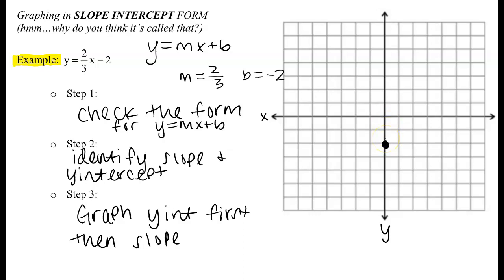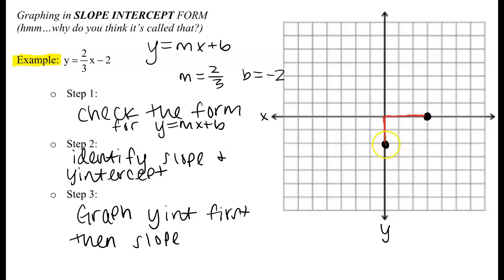Got it. Now, as far as plotting the slope goes, here's what we do. From the y-intercept, I'm going to count up 2 units because it's a positive slope, and then I'm going to go right 3 units and plot a point. So again, I went up 2 units because we're going in a positive slope direction, and right 3 units to plot my next point.